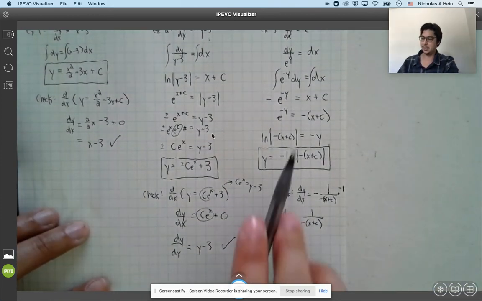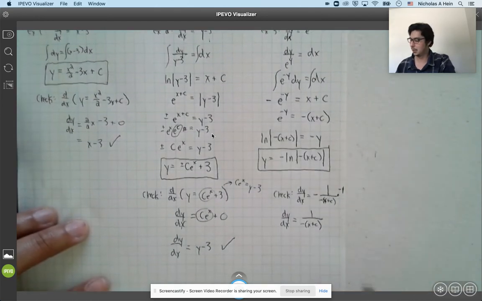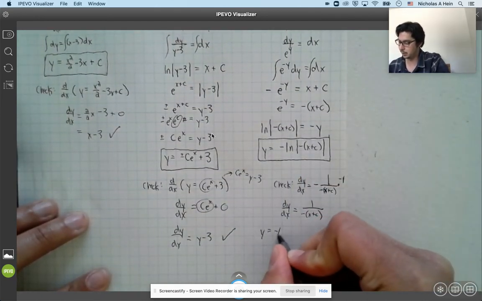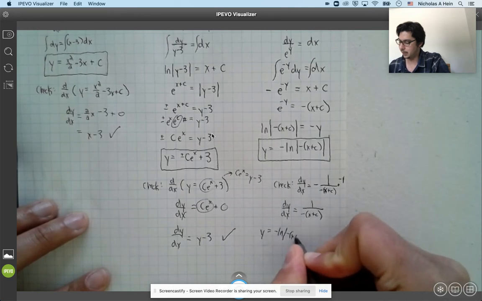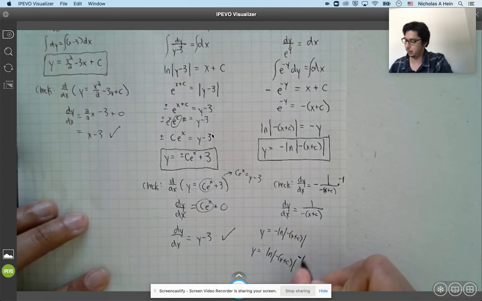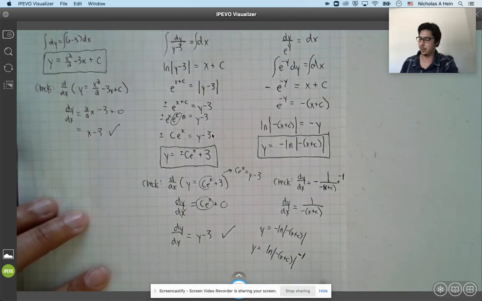Now, how is this the same as e to the y? Now, a little manipulation right here is when we had y equals negative natural log of negative x plus c, we can rewrite this as natural log of negative x plus c to the negative 1. Because remember, with logs, that multiple in front you can make an exponent. How does that help us here?